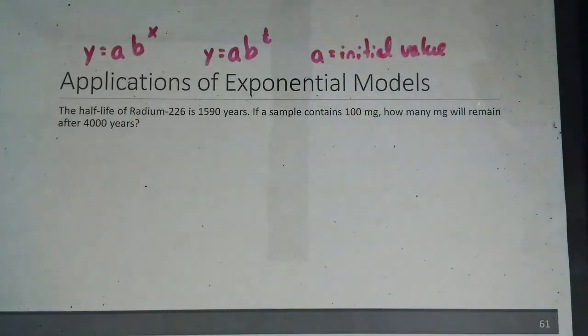We know that the half-life of radium is 1,590 years, so we know that it takes 1,590 years for us to cut in half. We're told if a sample contains 100 milligrams, how many milligrams will remain after 4,000 years? Well, let's see what we have. They gave us an initial value and they gave us a time, but we don't have a b value.